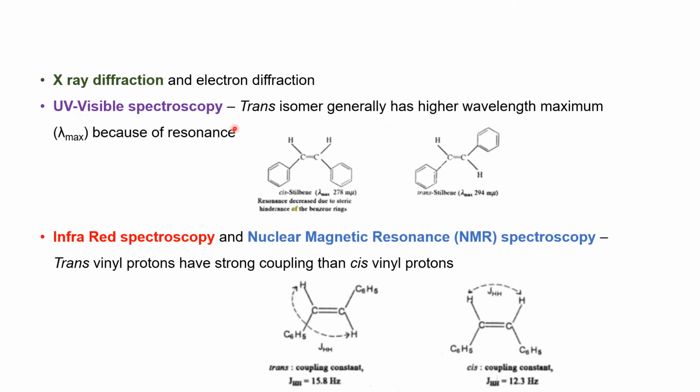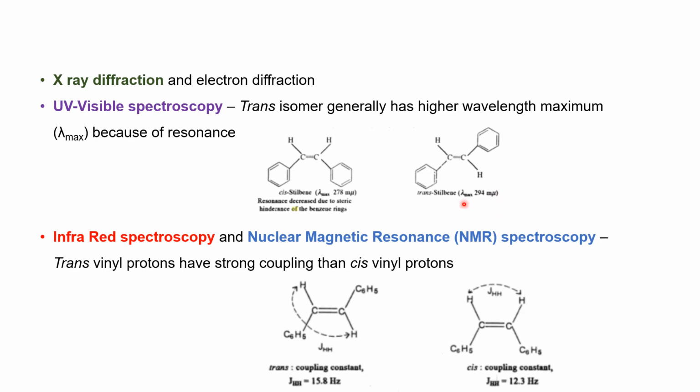In case of UV visible spectroscopy, if we talk about their absorption and lambda max, in case of say trans isomer, because the groups are symmetrically arranged and we have a longer distance available for resonance, which is hampered in case of cis isomer. So usually trans isomers, they have higher lambda max.